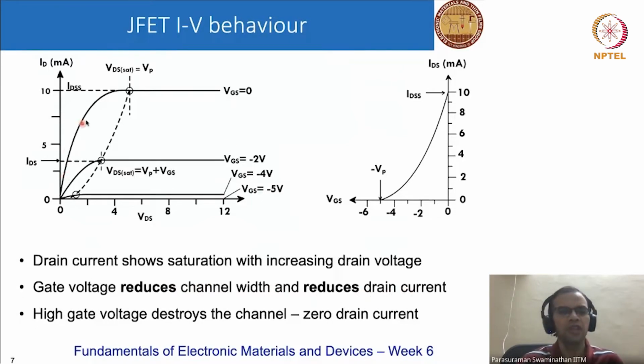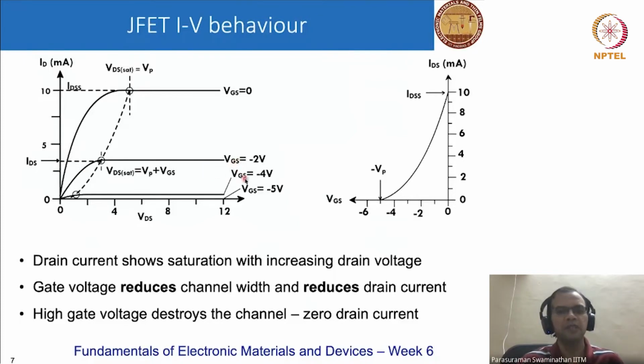So this is an example of the drain current as a function of the drain-source voltage. Initially, when the gate is shorted, the current increases and then gets saturated. However, when I apply a negative potential at the gate, I am reducing the width of the channel, which means the current also reduces, and so the IDS value reduces.